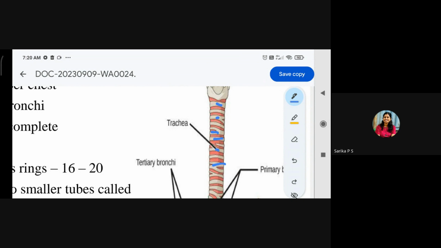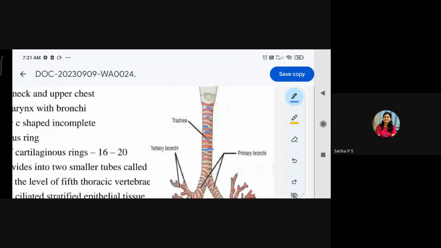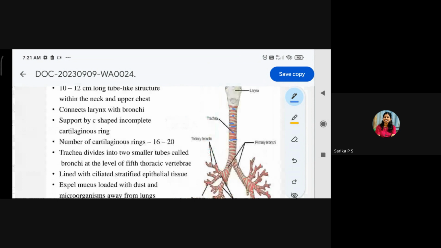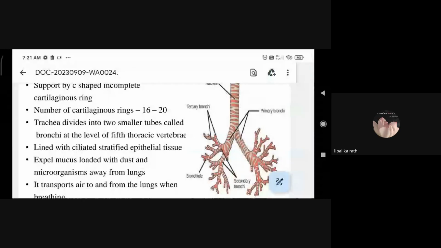And why are these cartilages present here? Ma'am, for reducing the friction. No. Okay, you have tried well.